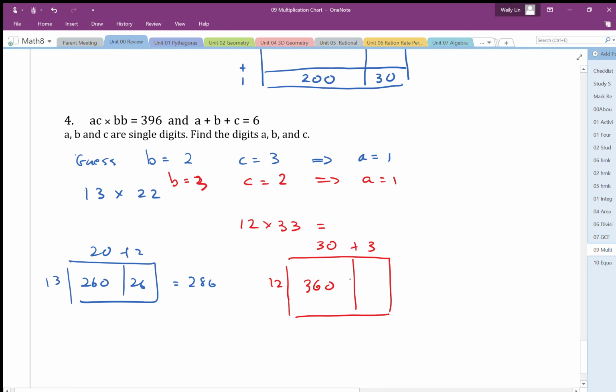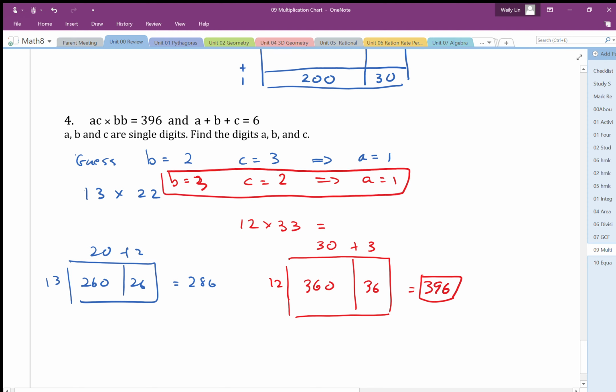That's 360, 36. There's our 396. So we use some deduction. A equals 1, B equals 3, and C equals 2. Using some deduction and some limiting properties, we can solve a problem like this. This is a problem that makes us think about how these numbers work and interact together.